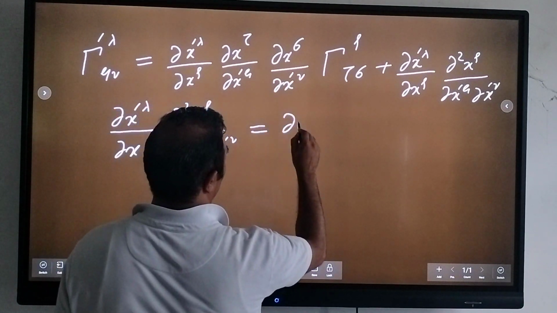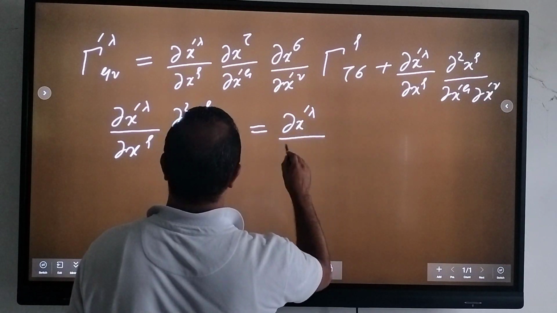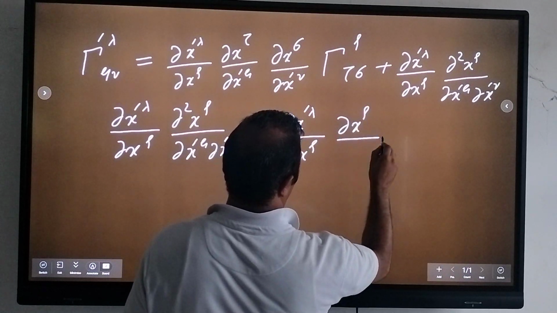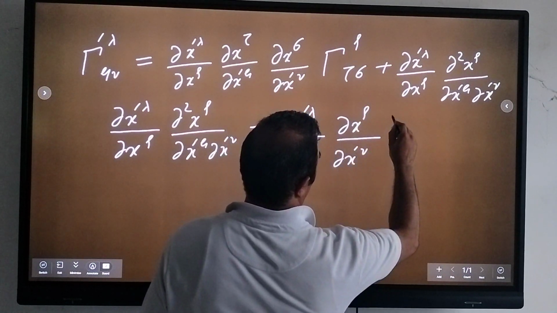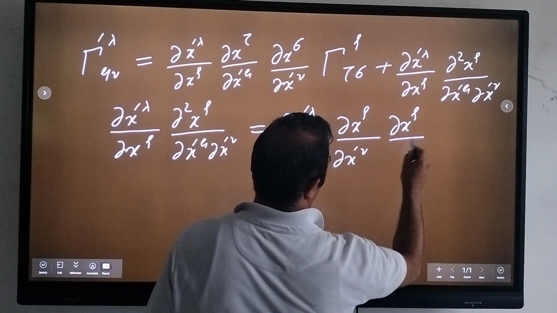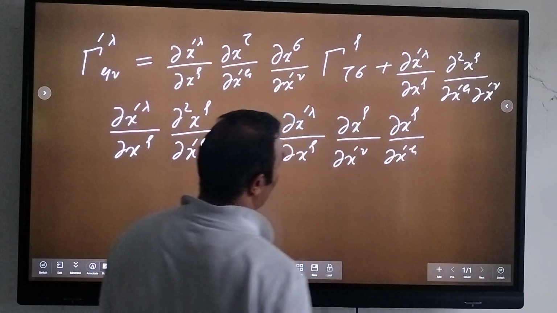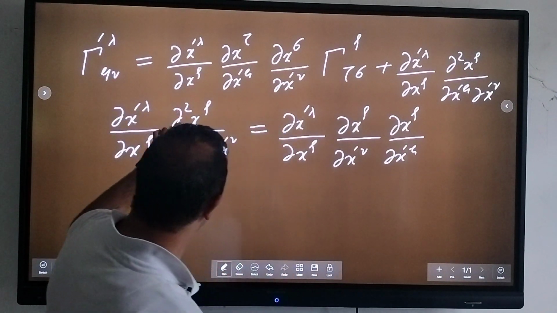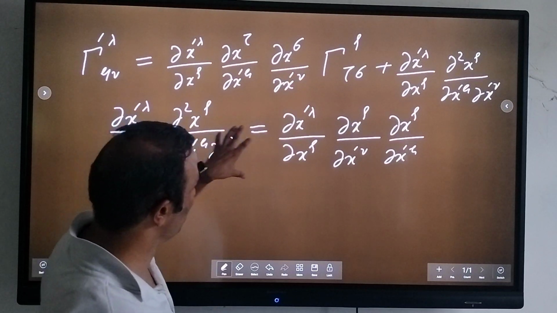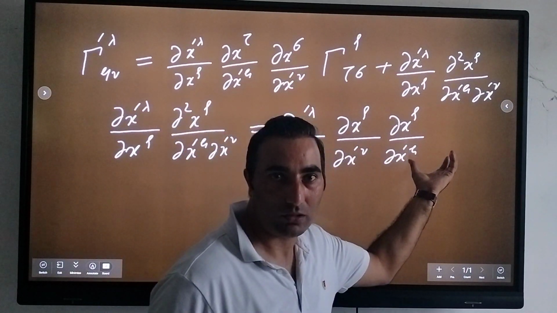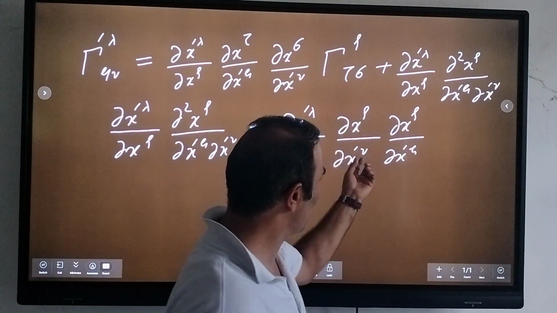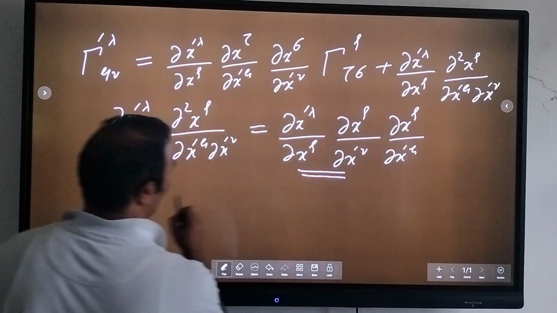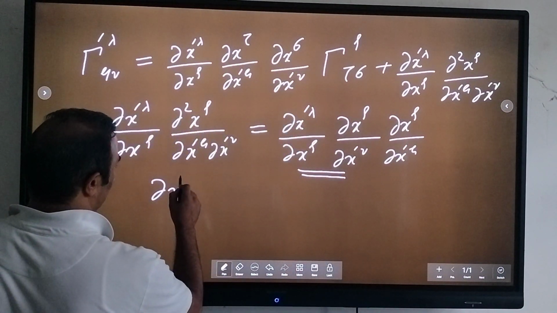So what I did here, I basically split the second term, that is partial x rho by partial x prime mu, as a combination of two terms, a product of two terms, right? First I write the mu in new indices and mu indices, so the rest is the same. Now if you have a look at this term, partial x prime.